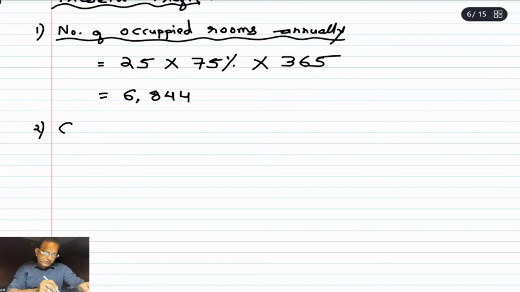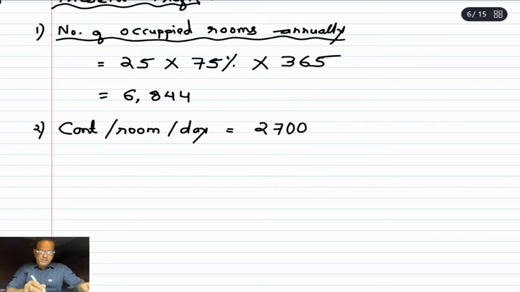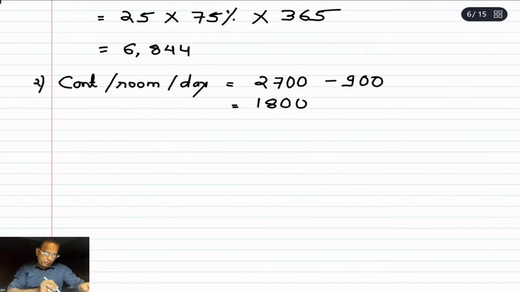Second point, what is the contribution per room per day? It's very simple. The revenue is 2700, while the variable cost is 900 rupees. So we are earning 1800. So please multiply to get the total contribution.